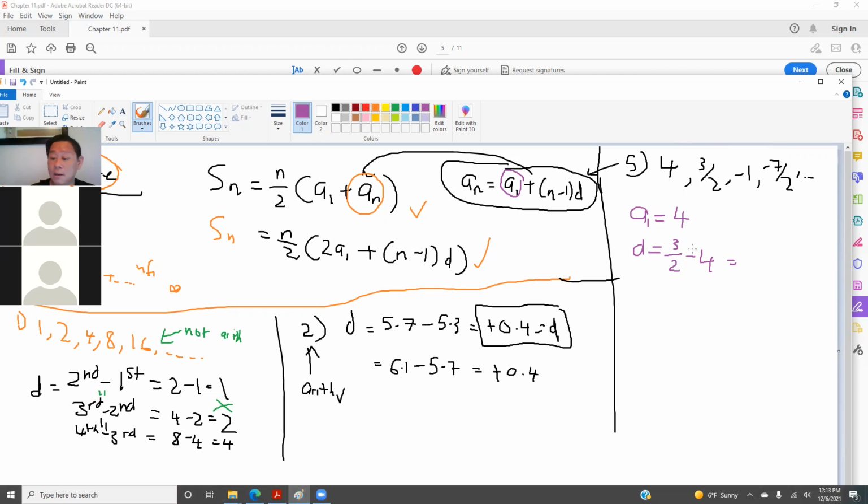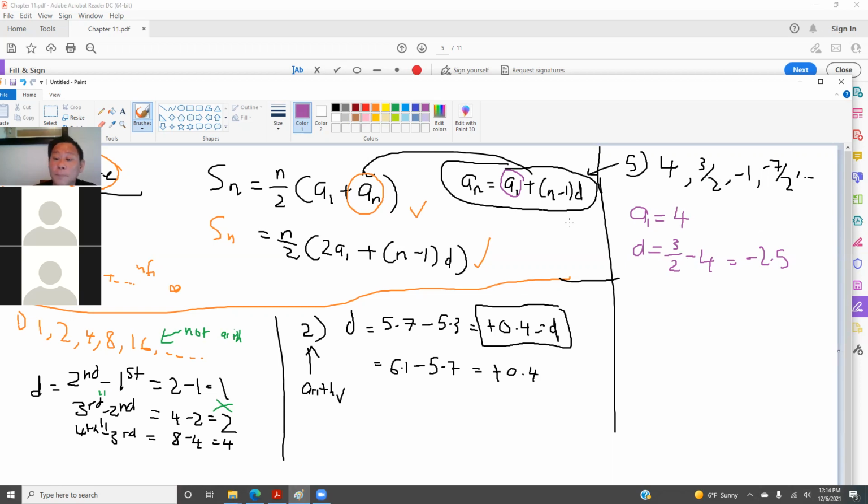So anyone know what is 3/2 take away 4? Negative 2.5. And it's negative because the sequence is getting smaller, from 4 to 3/2. So yep, that would be negative.